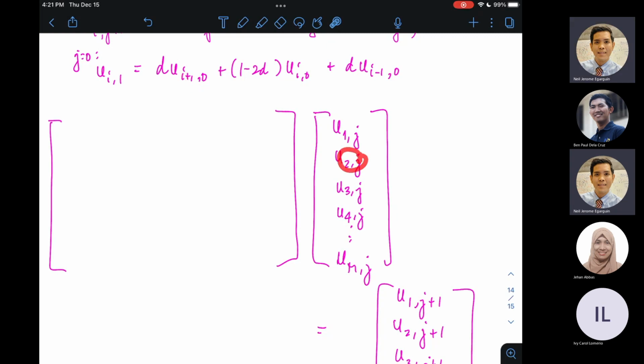So meron ako ditong, okay? So ibig sabihin, dapat ma-multiply by d. So I'll have d here in the second column of my matrix, first row. So first row, second column of the coefficient matrix will be d, kasi kailangan ko ng d times u2, comma 0, kasi nga ang j natin ay 0, ang I ay 1.